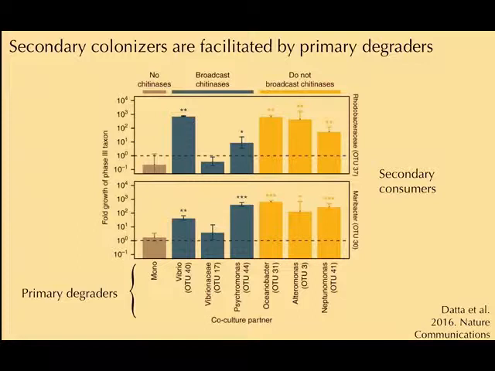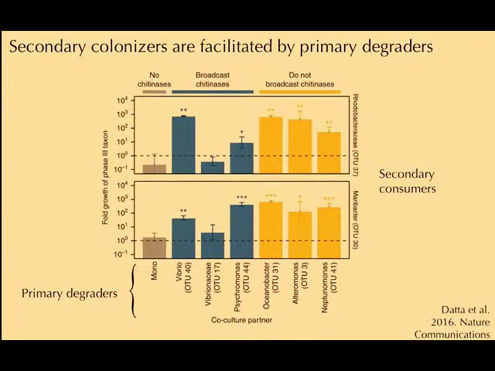In monoculture, there is basically no growth, as I told you, but in co-culture, they can grow significantly, like a thousand-fold increase. And it's quite general, right? It doesn't matter too much who is there, they just are facilitated.